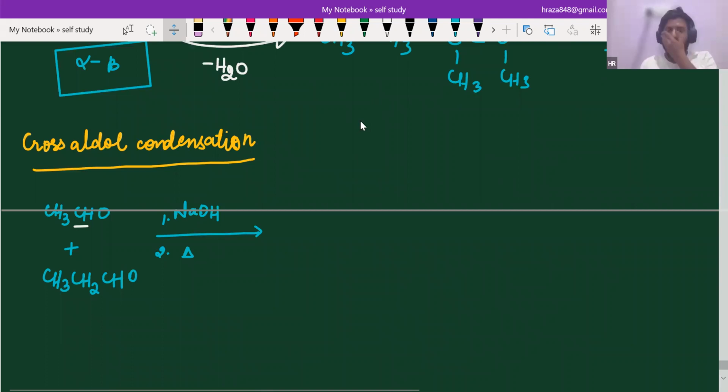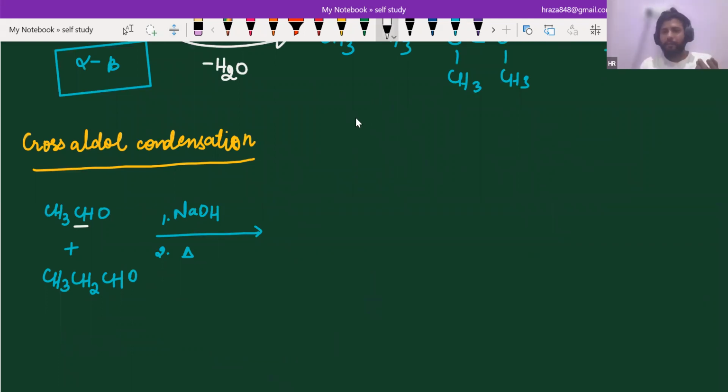How is it possible? It's very easy. First, you take H plus, that means alpha hydrogen, out from here. That means you make it nucleophile first and make the other electrophile, then add them and do the reaction in the way we just did, and you will get a product. You just got the third product.